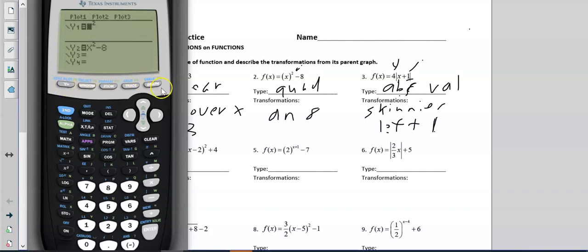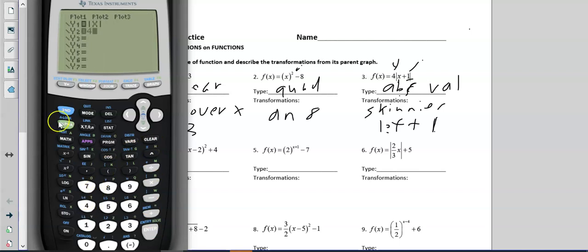Now on number 3, the ones with the inside lies are usually a little bit more challenging. So on number 3, we go to math, absolute value, enter, and we just put x. Then we go down here to number 2, math, over to number, absolute value. Oops, sorry.